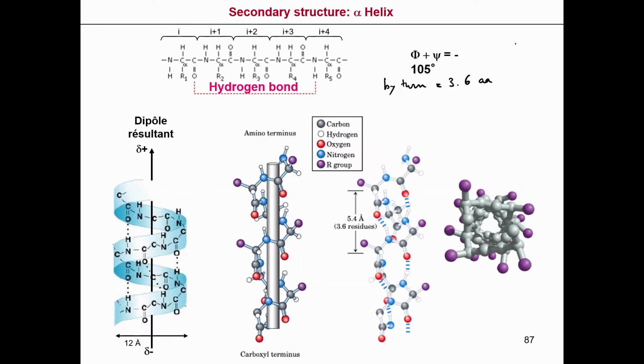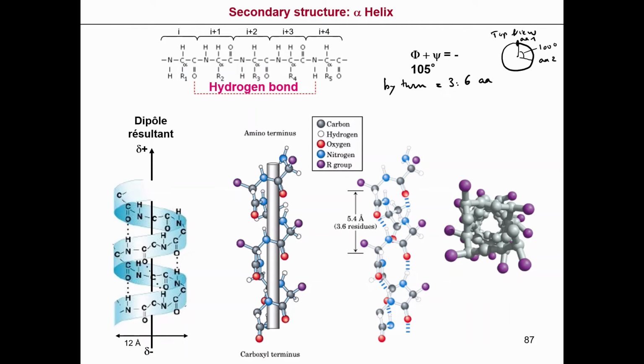It means that if we have a top view of your helix, if you have amino acid 1 and amino acid 2, I have an angle here of 100 degrees because I have one turn, which is 360 degrees.